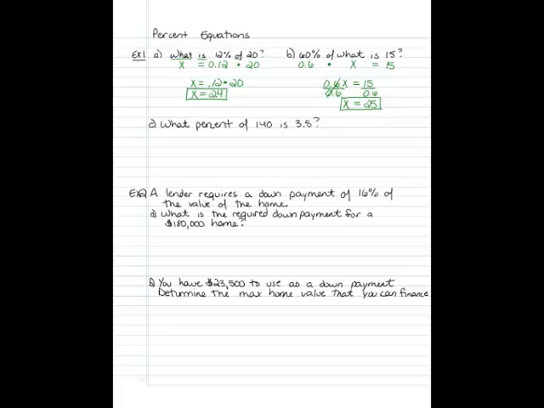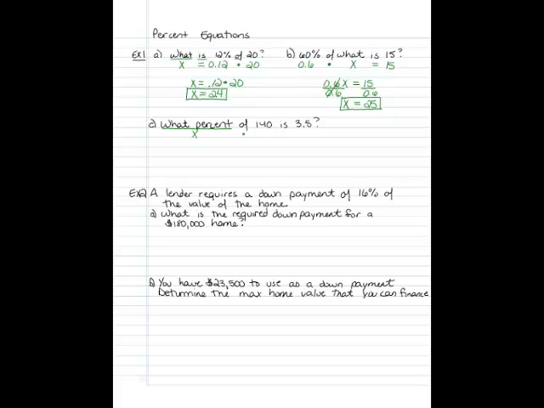Now in part C, we start off with what percent of 140 is 3.5. So this right here is going to be our unknown. This is x. But what we have to remember is the answer needs to be written as a percent. So there is going to be one extra step at the end, converting our answer into percent form. So we just want to remember that.